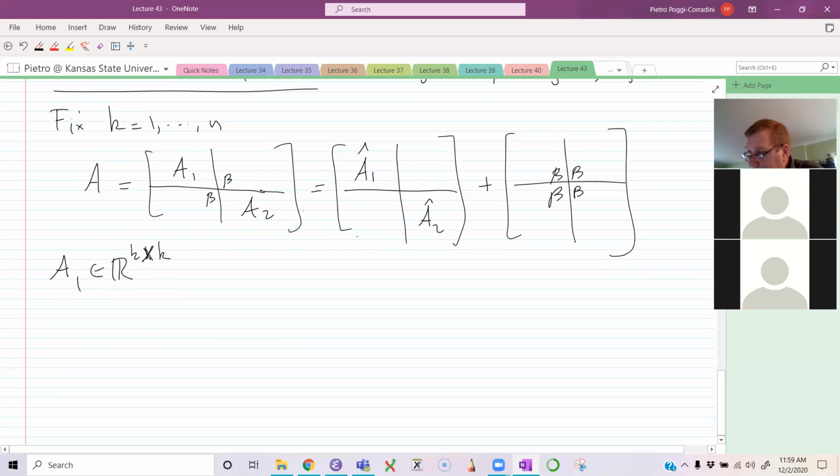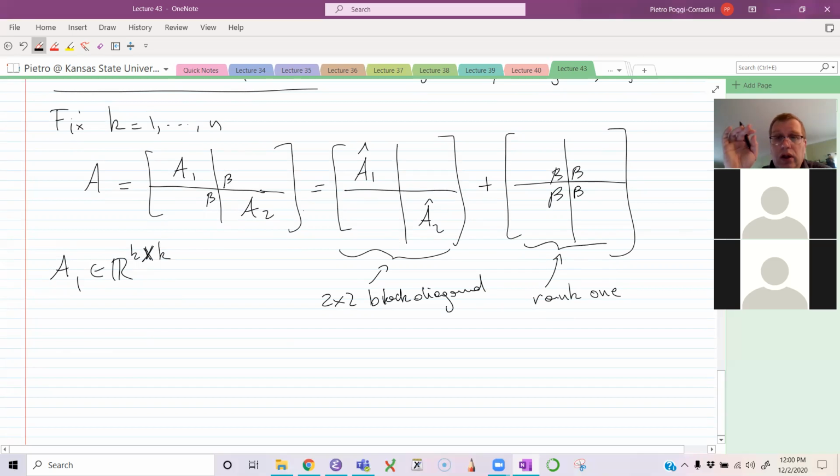But the advantage now is that this is a 2x2 block diagonal matrix. And this term has the advantage of being rank 1, because the two rows are the same.